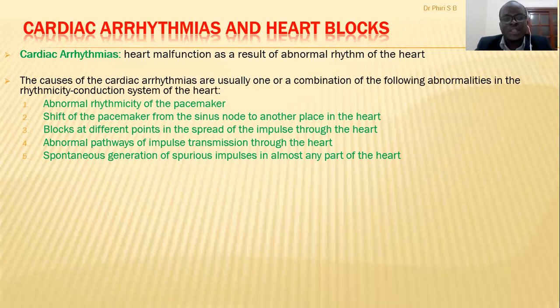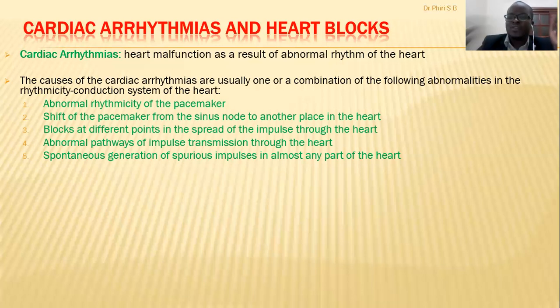A shift of the pacemaker from the sinus node to another place within the heart. If another place within the heart exhibits spontaneous activity of action potentials, that can result in cardiac arrhythmias, because for a normal cardiac rhythm, the source of action potentials should just be the SA node.